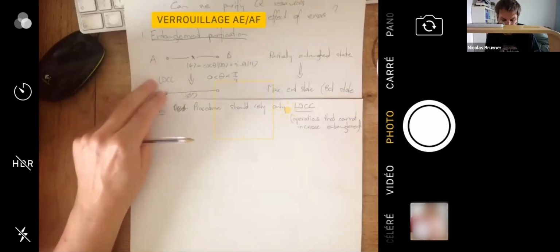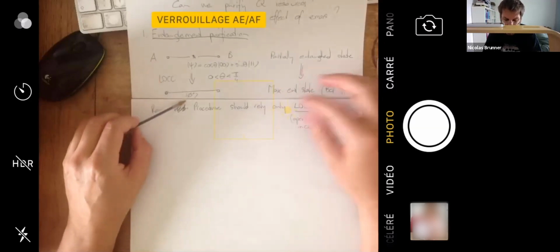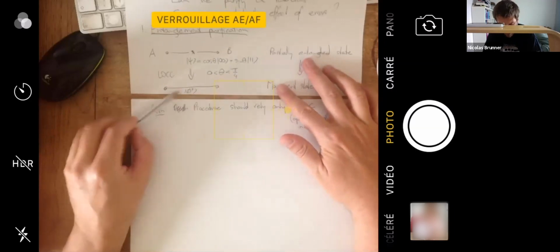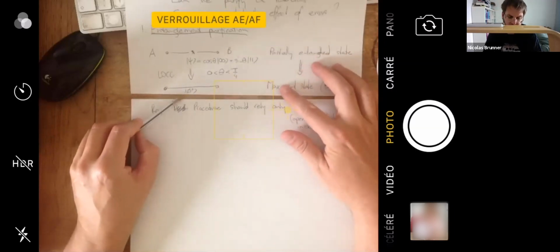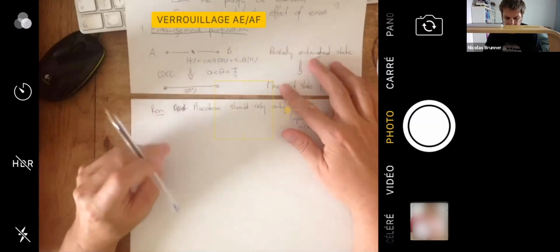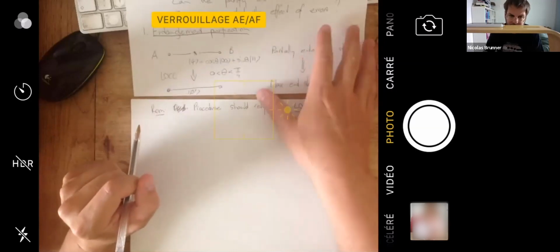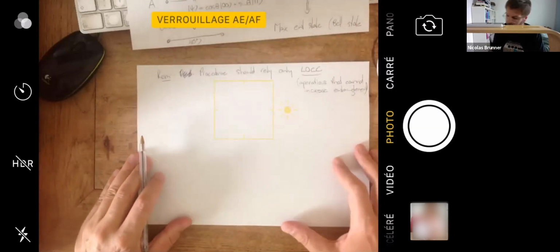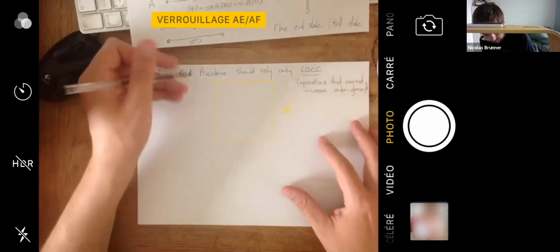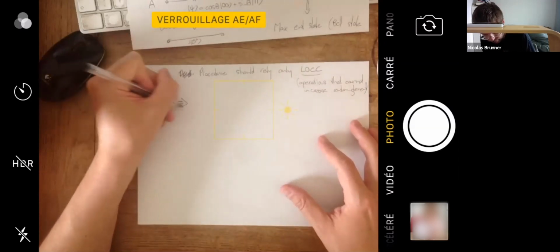However, it's a heralded process, so when it works, I know it worked, and therefore I know that A and B now share a Bell state. When that is the case, I can go on with the protocol I would like to implement. Maybe I should write it here.